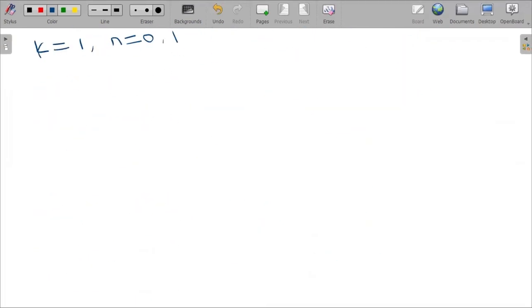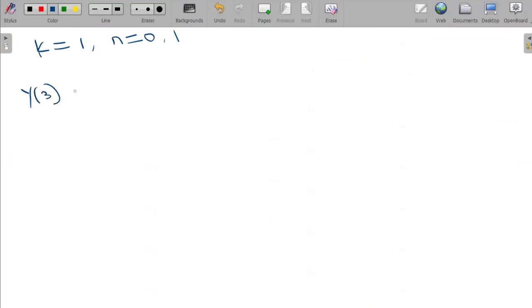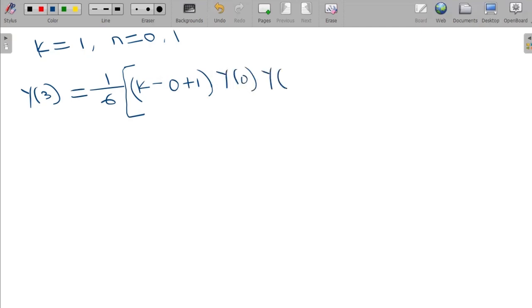So our Y when k is 1 is going to be 1 over 6 into (k minus 0 plus 1) Y(0) Y(k minus 0 plus 1). Then for n equal to 1, plus (k minus 1 plus 1) Y(1) Y(k minus 1 plus 1).